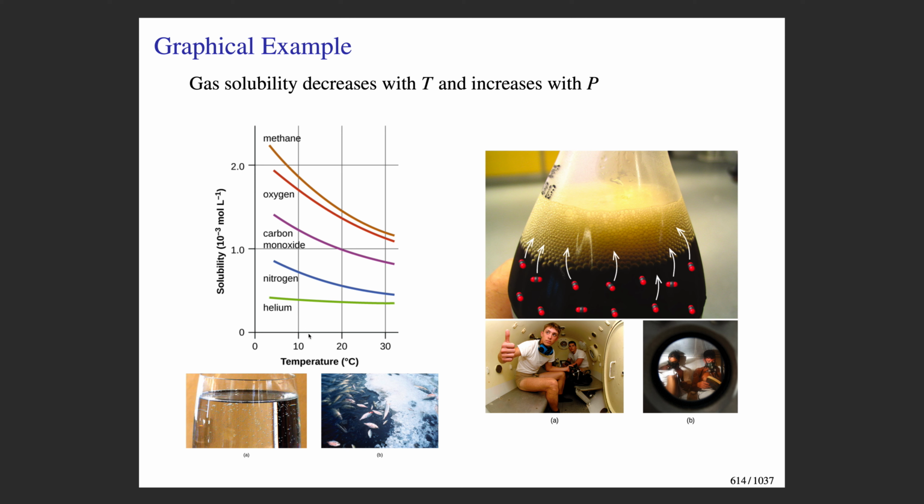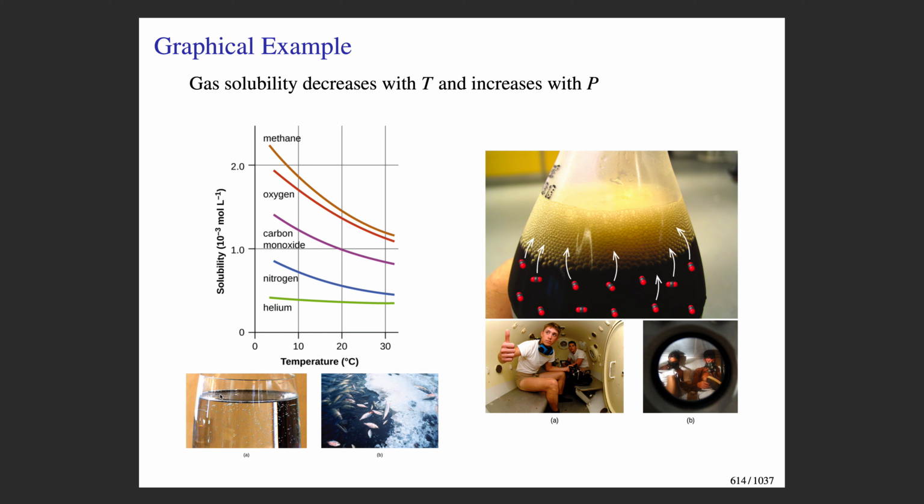However, for all of the gases, as you increase the temperature, the solubility decreases. So at a high temperature, you're not going to be able to dissolve as much of these gases as you would at a lower temperature. That's illustrated here in panel A on the left.